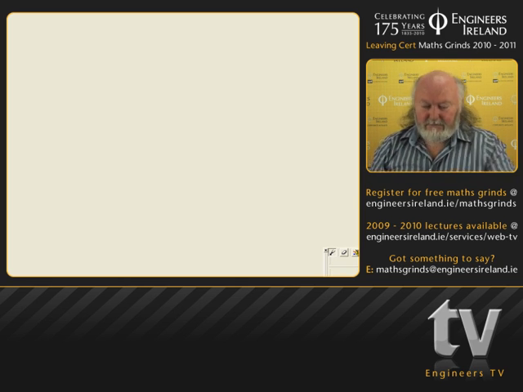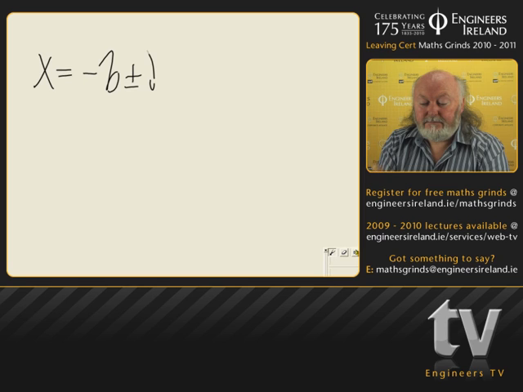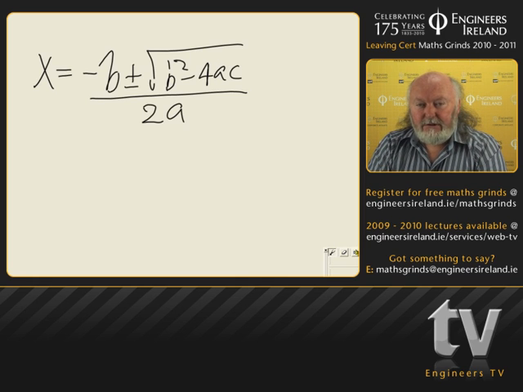Now, I want you to see a few little things in relation to roots of equations. Remember, I mentioned the English or the language you're using while you're doing your maths is what either saves you or condemns you.